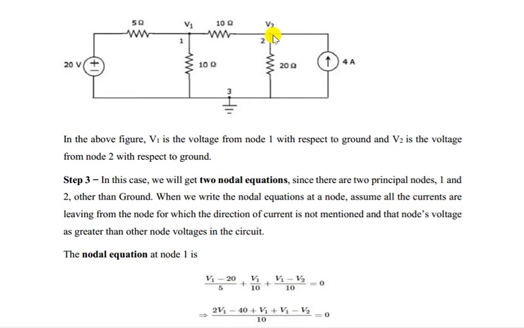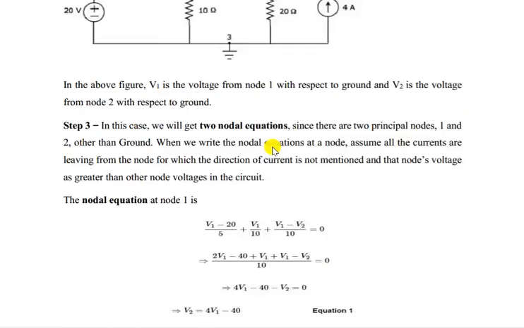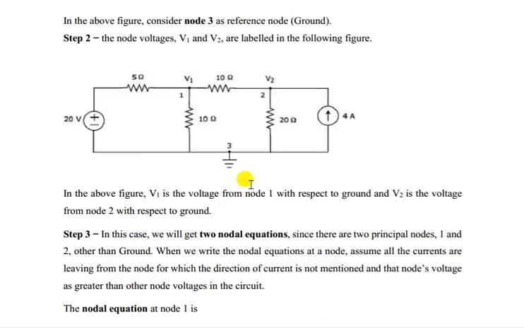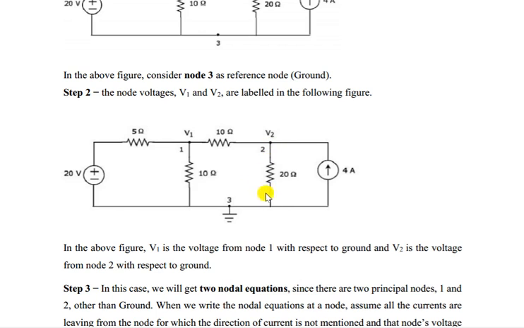Now at node 2 what will happen? At node 2, one current is flowing this way and another current is flowing this way, so these two currents are leaving, and this 4 ampere current is entering.